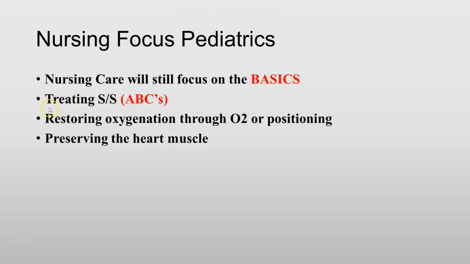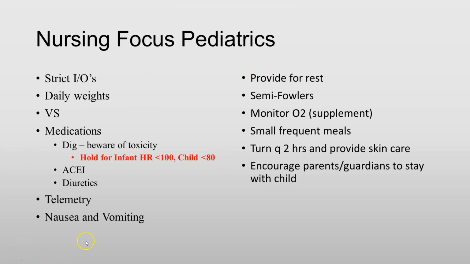Remember our basics. Treating signs and symptoms. All of these congenital heart defects are acute changes in condition, especially if they're symptomatic. So we need to restore oxygenation. We need to preserve the myocardium. We're going to focus on the things that I can evaluate, that I can assess.